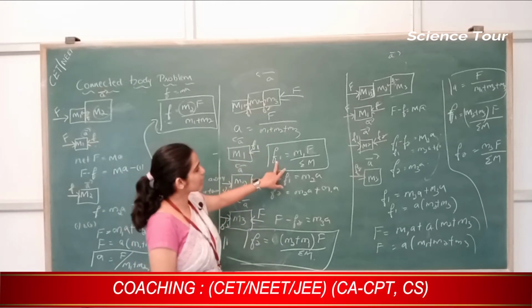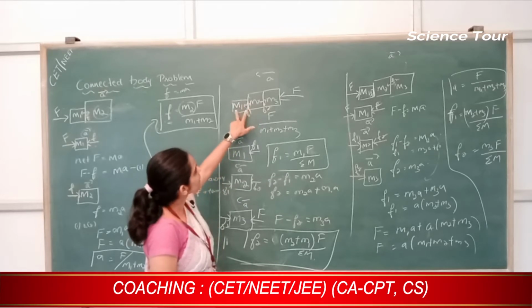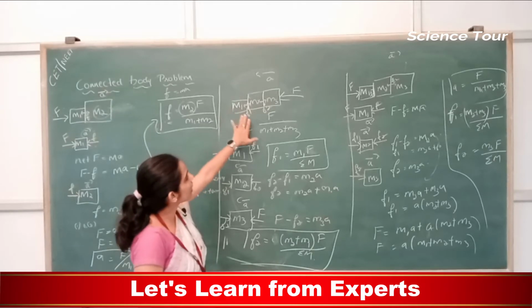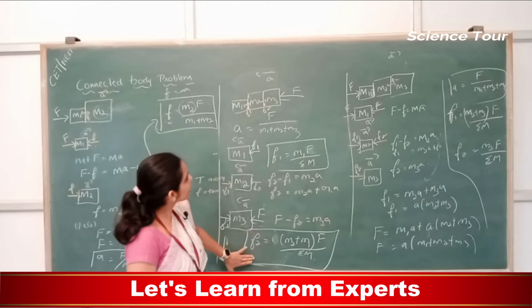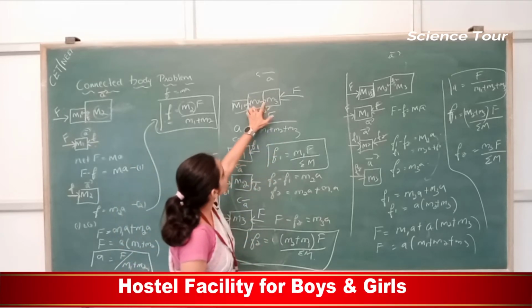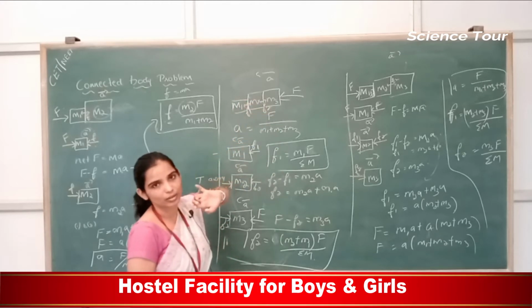Contact force is, see F1 is that mass which is not applied by the external force, multiplied by the acceleration. Here F2 is acting here. So F2 is nothing but m1 plus m2 times the acceleration.